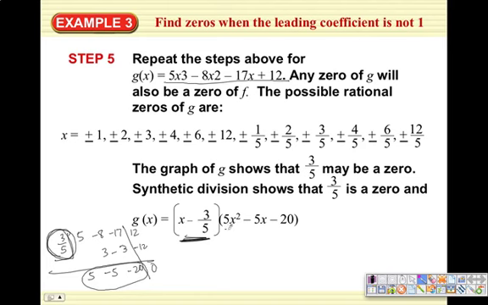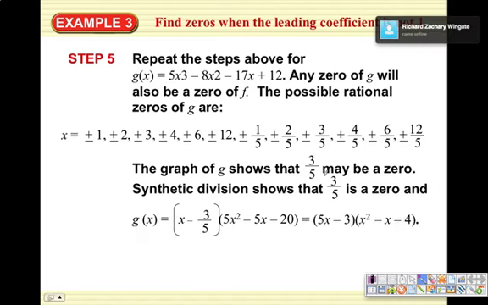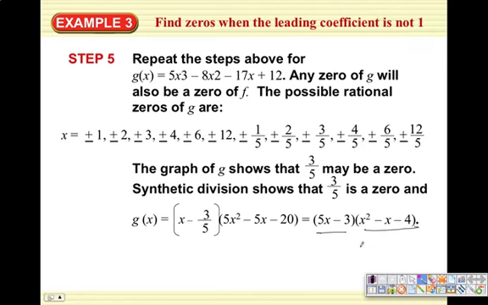But what do you notice about that thing? They're all divisible by 5, so they're going to pull that 5 out, and then multiply it to this, which then you get 5x minus 3, and then x squared minus x minus 4. Almost done. Now, here's your other factor. So far your zeros are negative 1/2, and this would give you the zero of positive 3/5.